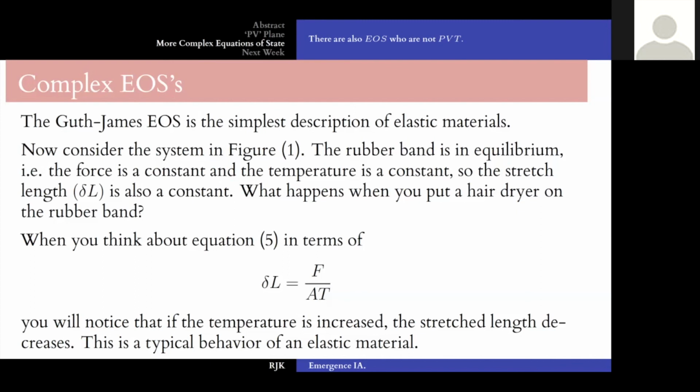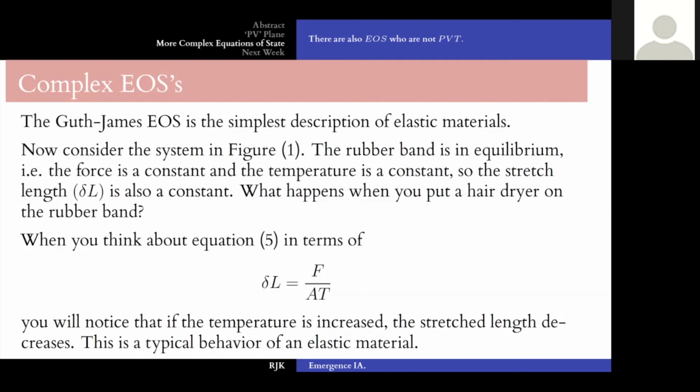Okay, so we're talking about a specific, any elastic material? This is a typical behavior of an elastic material similar to a rubber band. It wouldn't be any type of elastic material. You could take a steel wire and it has a certain elastic limit, but it doesn't behave like a rubber band at all.